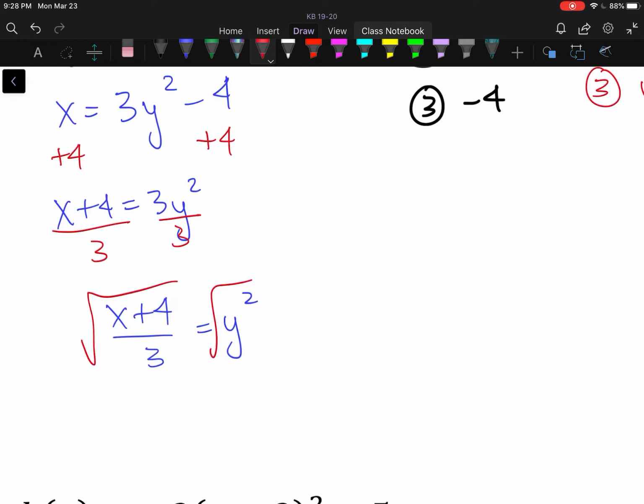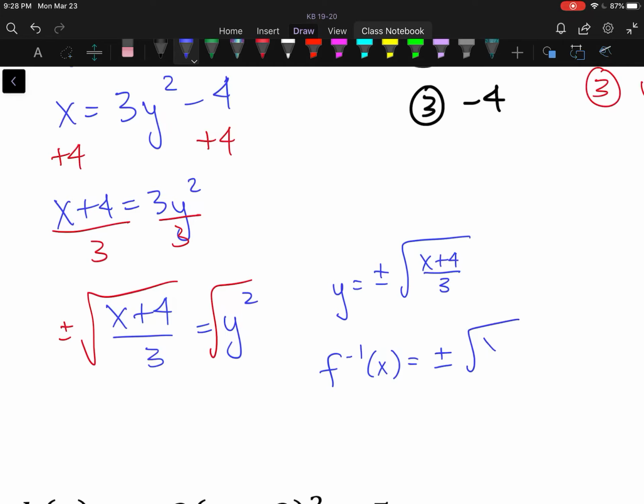Now, the one thing I want you to make sure you remember, when we square root to solve, we need a plus or minus. So we're going to write y equals plus or minus the square root of x plus 4 over 3.